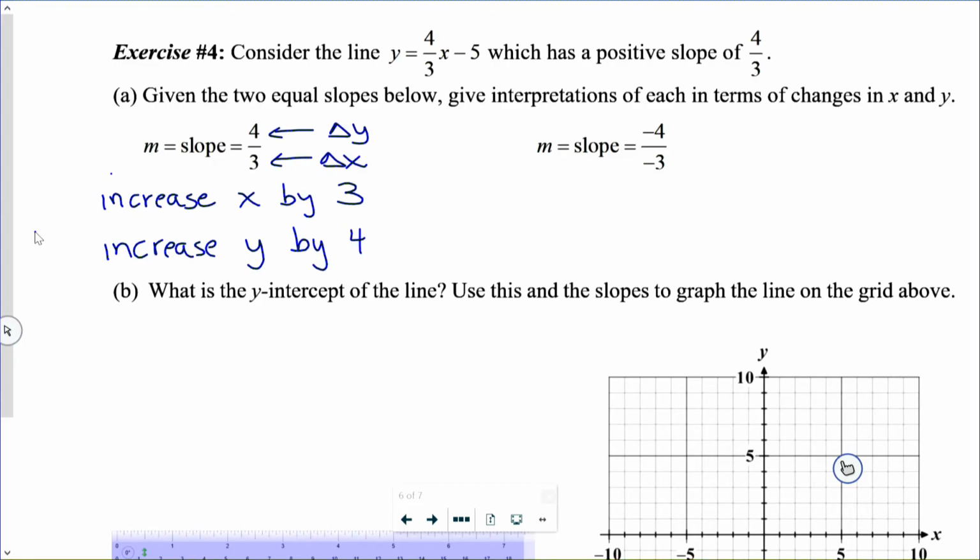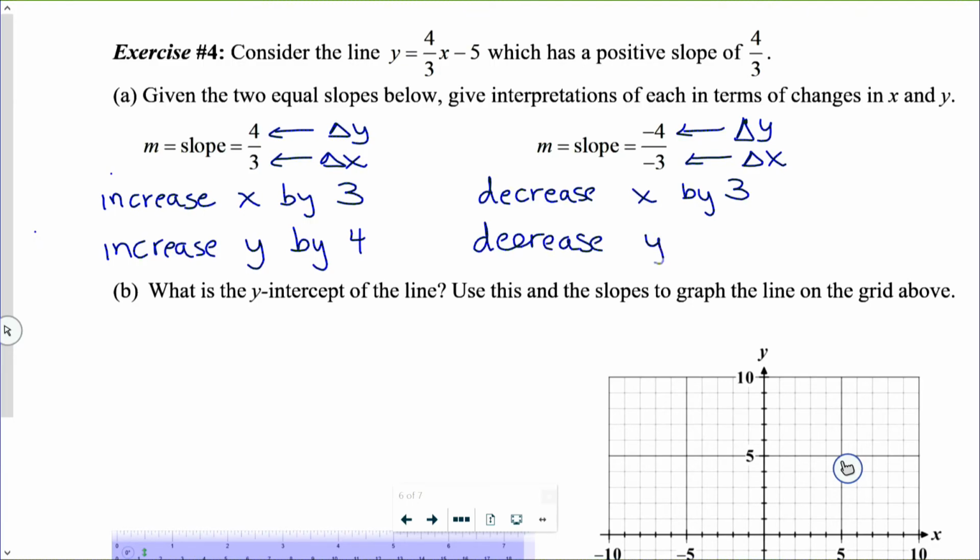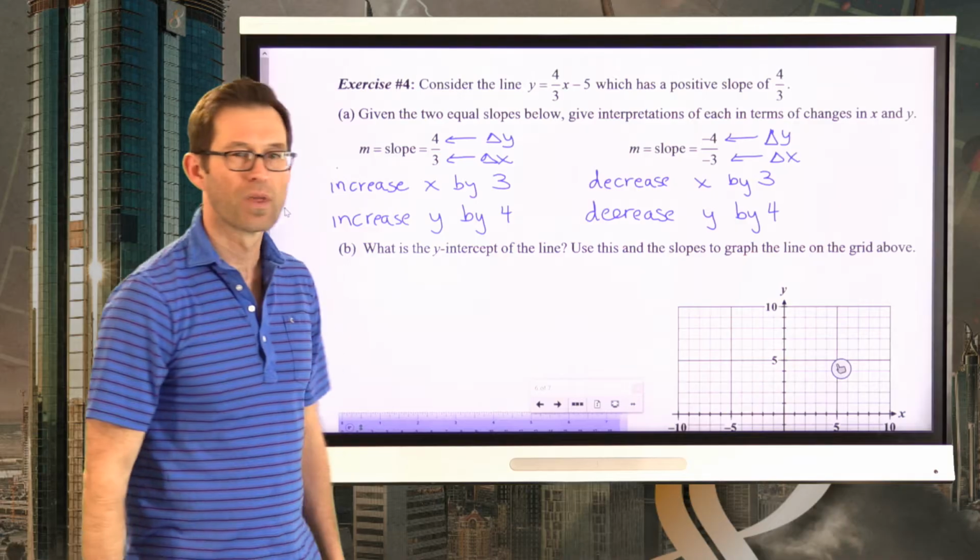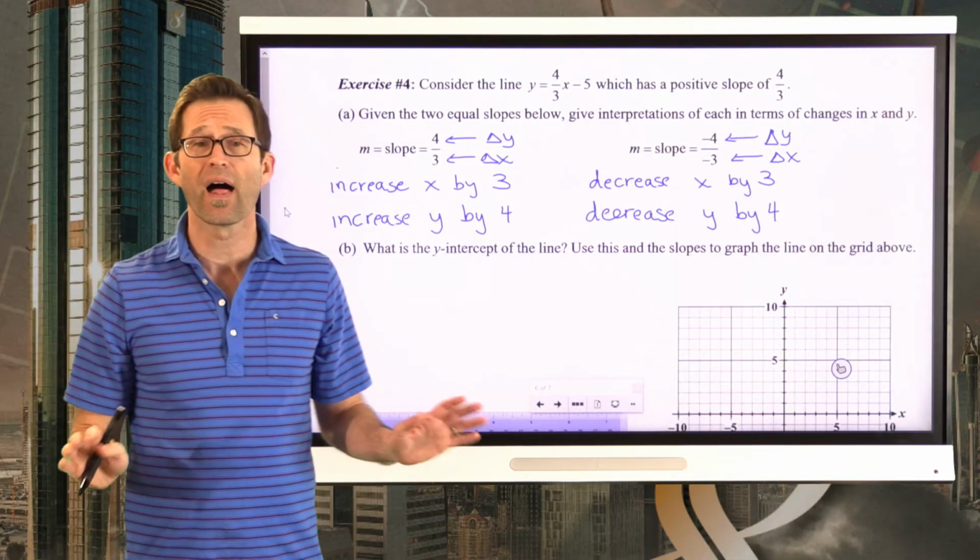On the other hand, over here, where my change in x is negative 3 and my change in y is negative 4, if I decrease x by 3, I'm going to decrease y by 4. Both of those are perfectly valid interpretations.